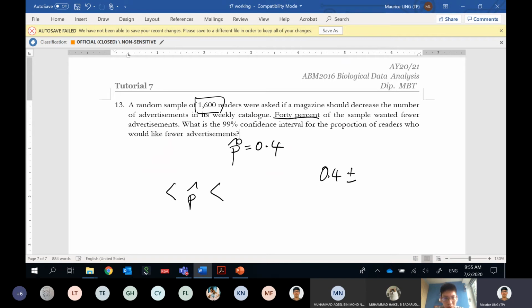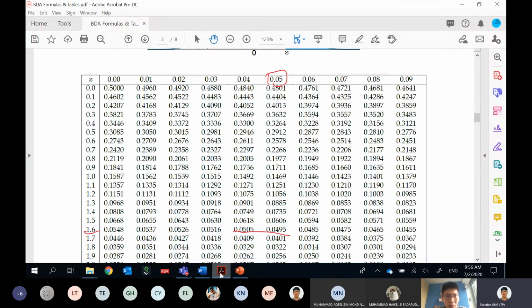Okay, so 1,600 readers, 0.99. You can use your Z table. And 0.99 means that the alpha will be 0.005.